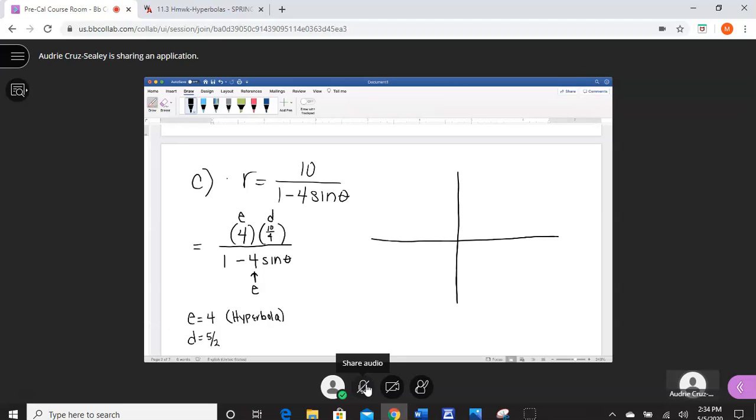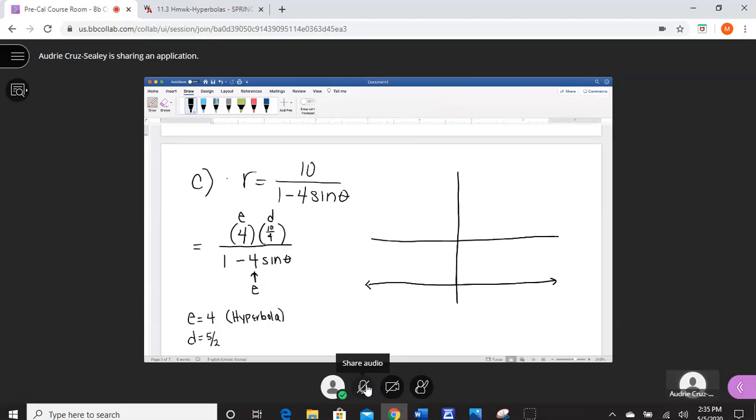Okay, so everybody's good so far here. If you look at the denominator, we have 1 minus 4 sine theta. So if you go look at those really pretty pictures, do you agree that your directrix is going to be a horizontal line down here? Do we agree with that?